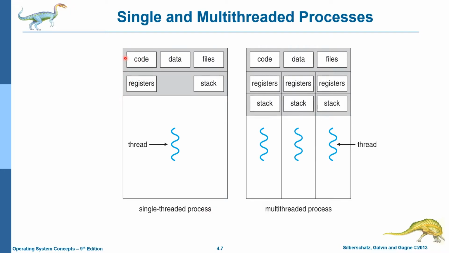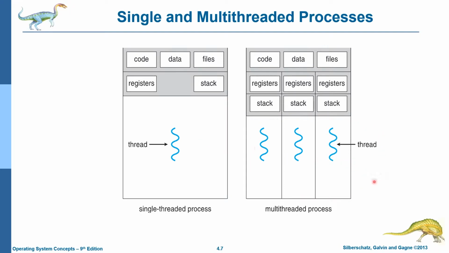And this comes from our last lecture, where we had a code segment, a data section, open files, maybe open devices, any other resources that the operating system associates with the process, then a set of registers which represents the process state of the single thread of execution when the task was put in a waiting state and removed from the processor, and then a stack which represents the local variables on the call stack. And there's this one thread of execution, and that's our single-threaded process that we discussed in the last chapter.